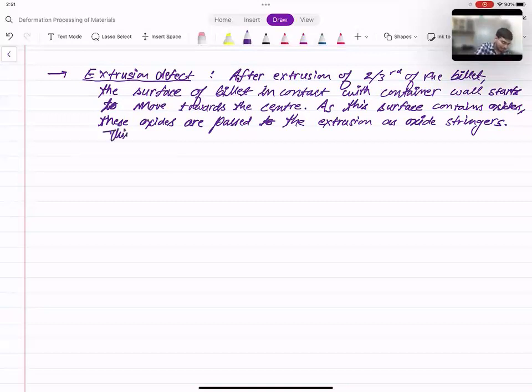This is known as extrusion defect. And if we see the cross section of the extrusion, these defects appear as annular rings.